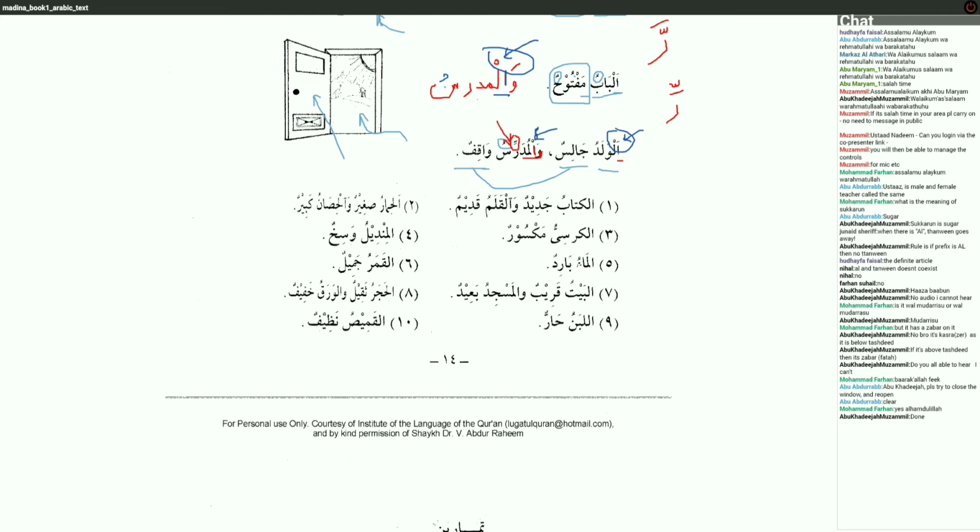Muhammad Farhan, followed by Nihal, then Muzammil, then Abu Abdul Rabb, then Faiz, and then Abu Khadija Muzammil. Not sure if all of you have a mic available. If you don't, please say so now. Inshallah ta'ala. We're going to be reading these sentences below now.